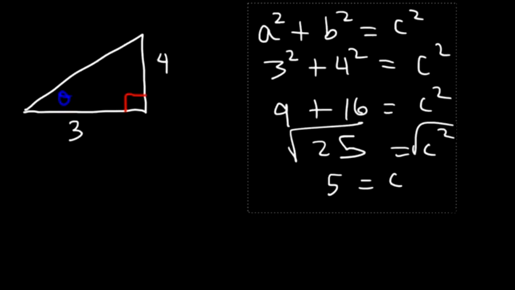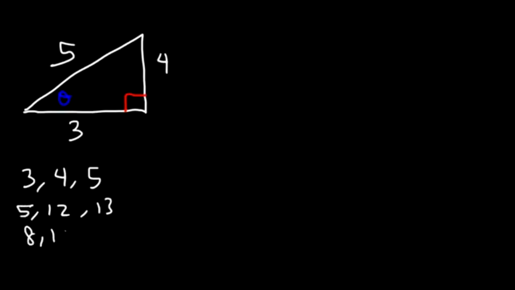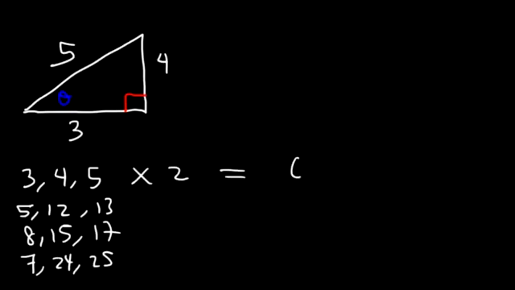Now it turns out that there are some special numbers. There's the 3, 4, 5 right triangle, the 5, 12, 13 right triangle, the 8, 15, 17 right triangle, and the 7, 24, 25 right triangle. And any whole number multiples of these numbers will also work. For example, if we multiply 3, 4, 5 by 2, we get 6, 8, 10. That can also work.